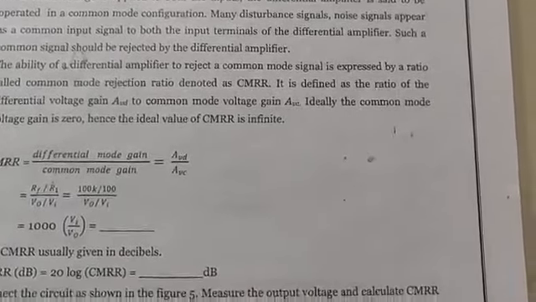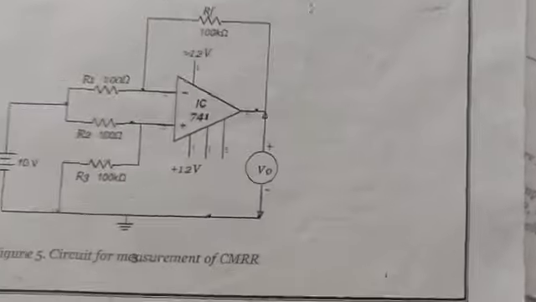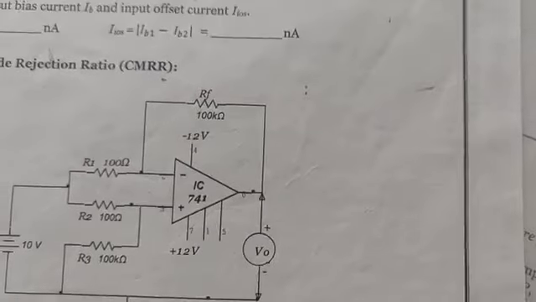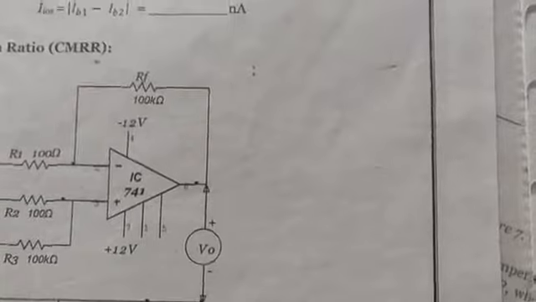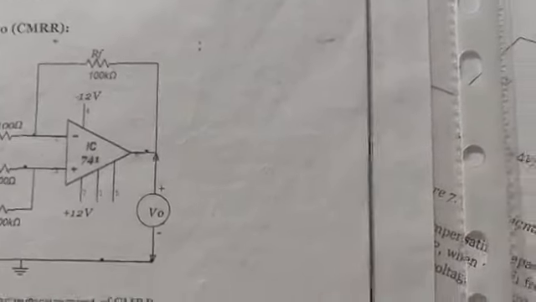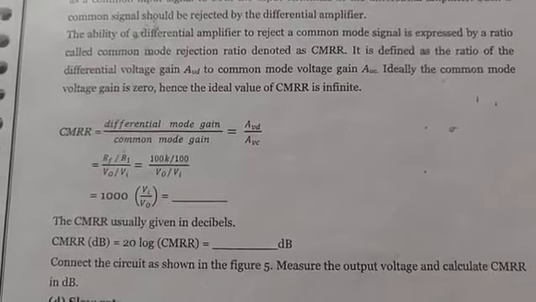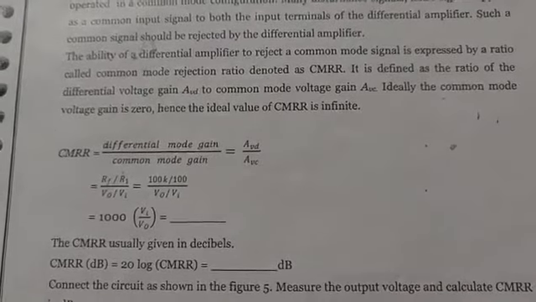That means RF in the circuit we are utilizing here is going to be 100K and R1 is going to be 100 ohms. So the ratio of 100K divided by 100 ohms is going to be 1K, and that 1K is nothing but the differential gain. So 100K upon 100 ohms, it is going to be 1000.